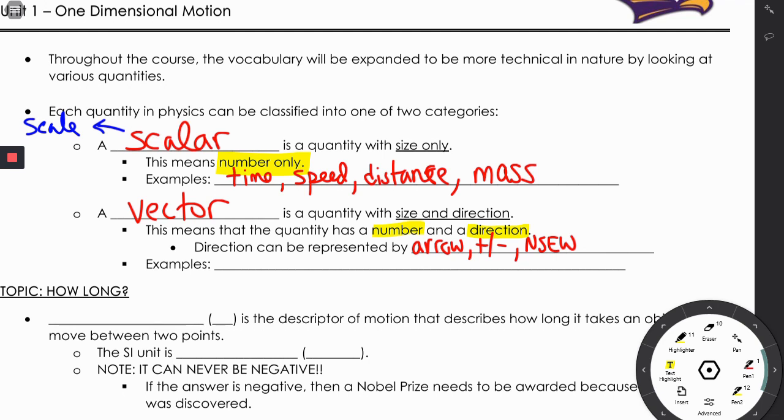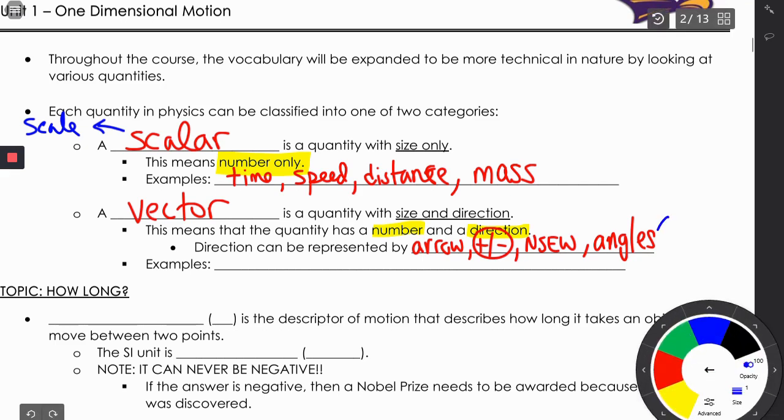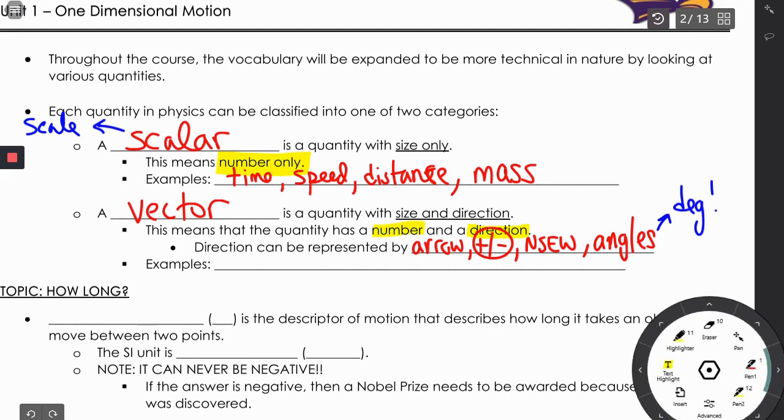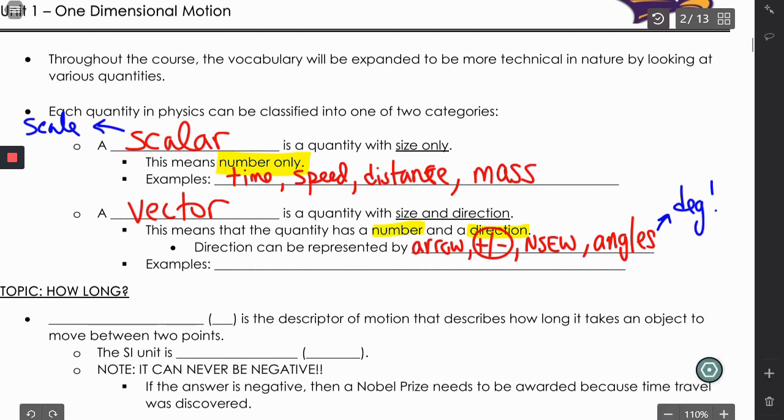The plus or minus is probably the easiest. And the last one we're going to see, especially in two-dimensional motion, is angles: 30 degrees, 45 degrees. One thing to note in physics: make sure your calculator is in degrees, not radians. In fact, physics uses radians as a unit like meters, so just be aware of that.